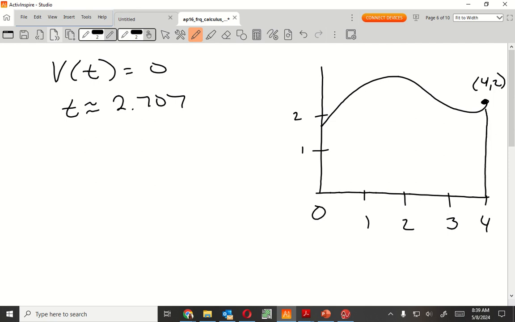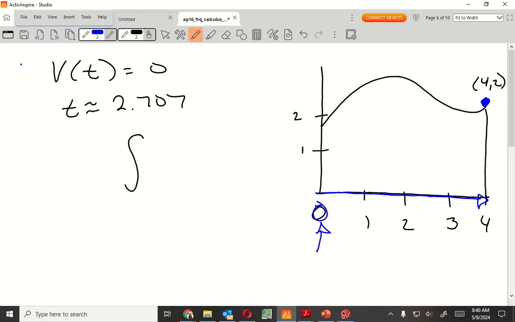This is the graph of the velocity, and I need to find the position now. My integral would be from 0 all the way to 4, because I want to find out what it is at 0, but I know what it is at 4.